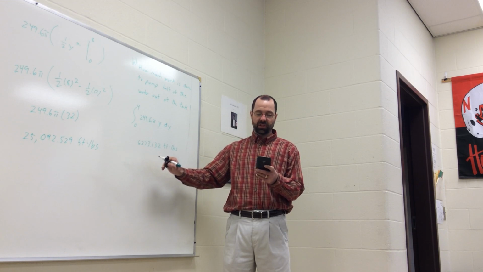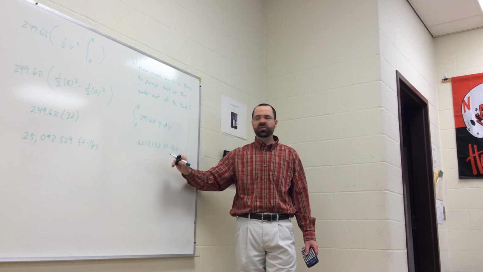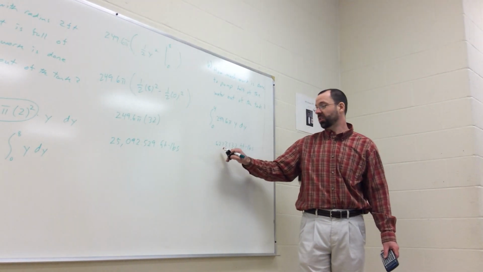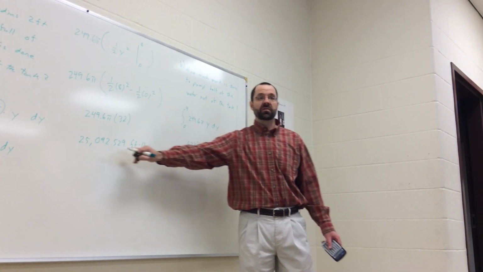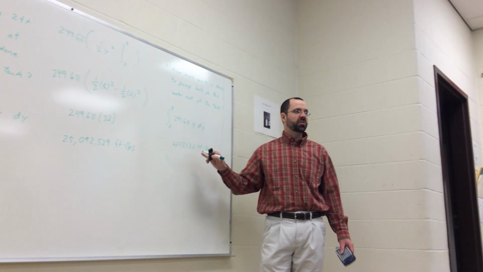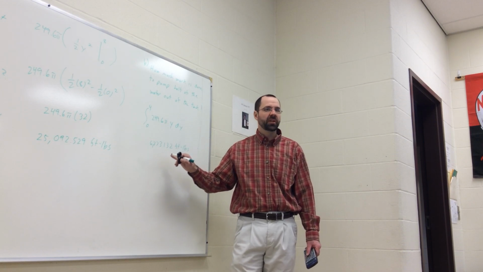I'm just checking that third decimal place. Yeah, that's right. So I've always found this kind of interesting. This is a fourth of this. If you take 4 times 6,000, it's 24,000. It turns out that this is exactly a fourth of this. So to do the top half of the water, it takes a fourth as much work. Interesting.